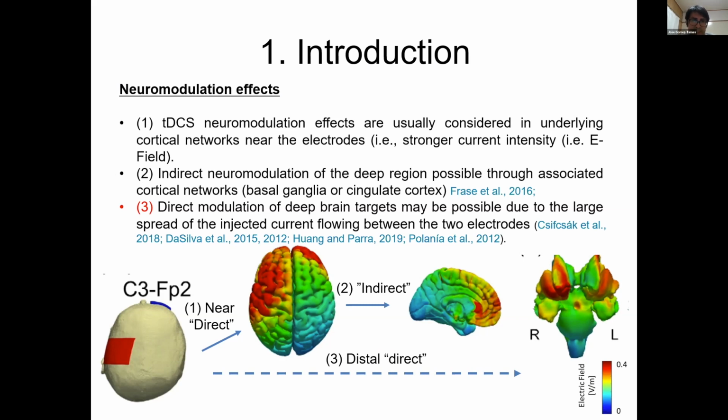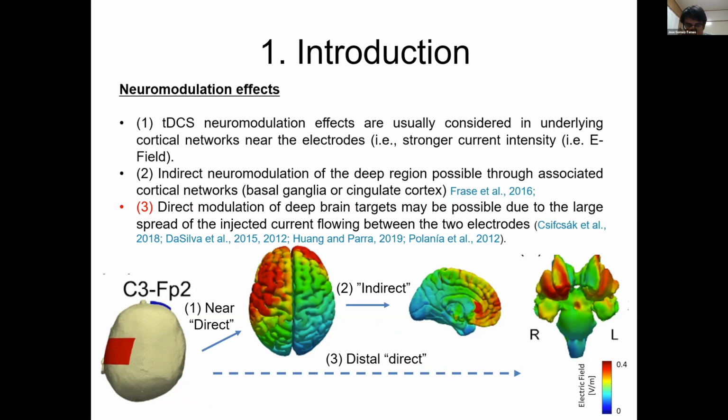One is the tDCS neuromodulation effects that are direct. This is direct considering that the tissues that are beneath the electrodes have the stronger current intensity or electric field.